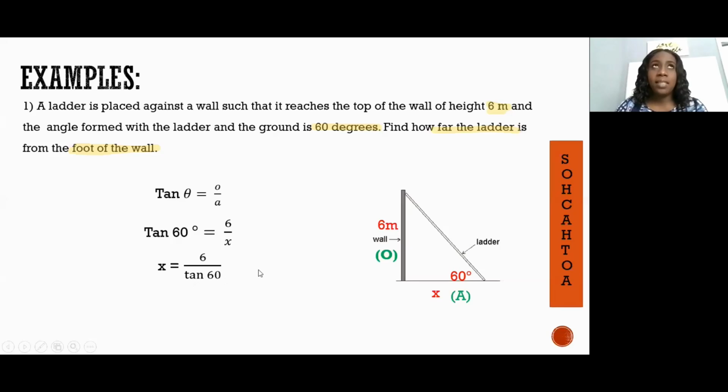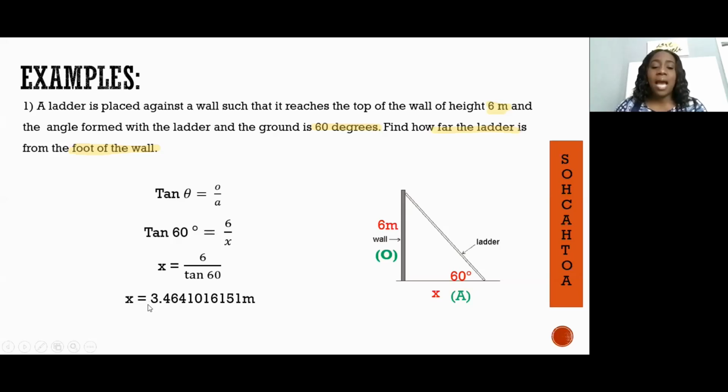I rounded this one to the nearest whole number, because I did them differently. Good, very good, Britannia. If you have a big screen calculator, you put it in as you see it. 6 divided by tangent of 60, nearest whole number. Good. All right, so I got 3.464.